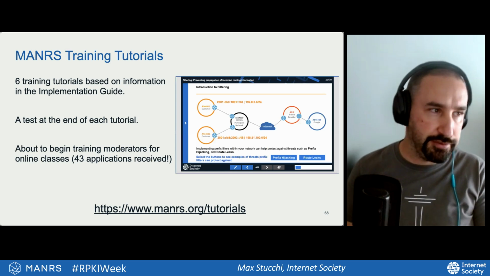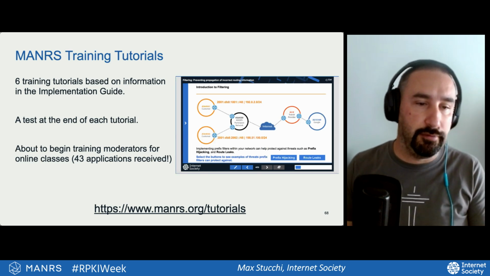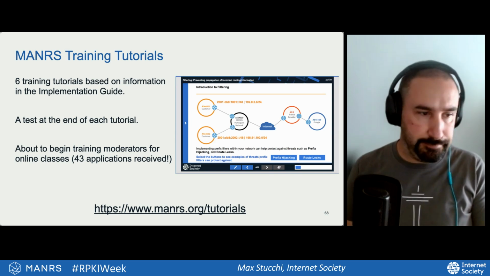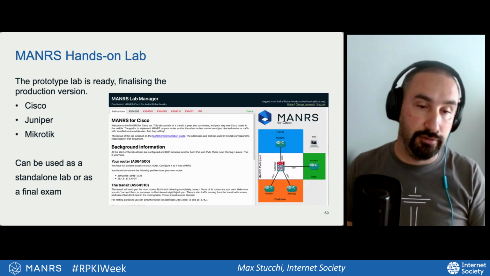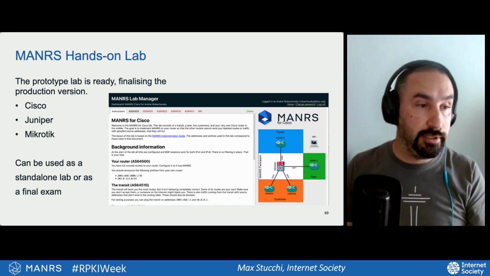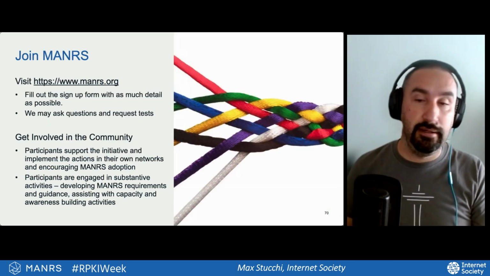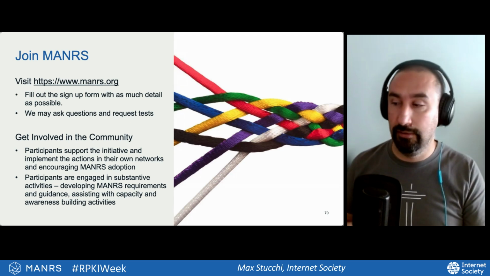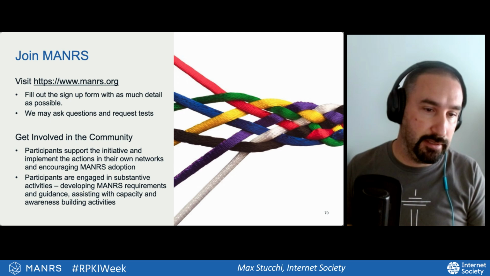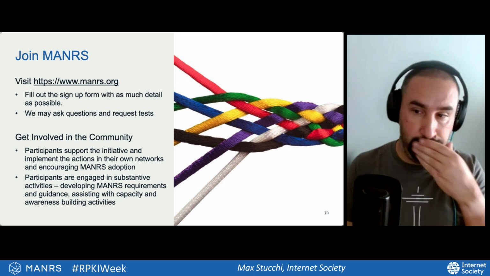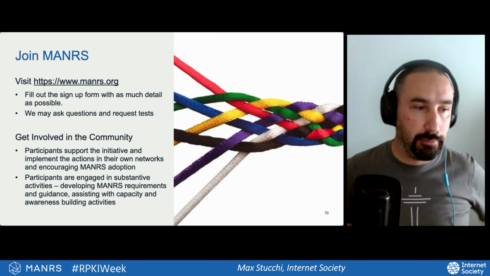Then we have the MANRS tutorials. We have training tutorials based on information on the implementation guide. And then we have a hands-on lab that you can do following the tutorials. And then last, you can join MANRS. Go to manrs.org, look at the different actions you should take and be prepared for before you submit your request to join.